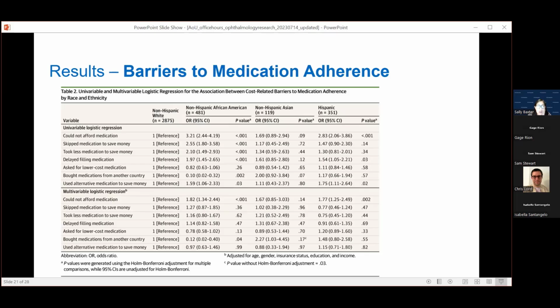The only one where there was less was asking for lower cost medication. So even though they were having greater difficulty affording the medication, populations that were non-white were less likely to advocate and ask for lower cost medication to address that issue.